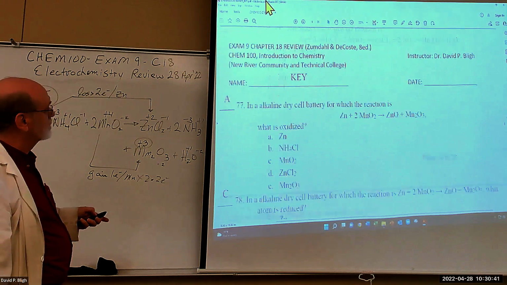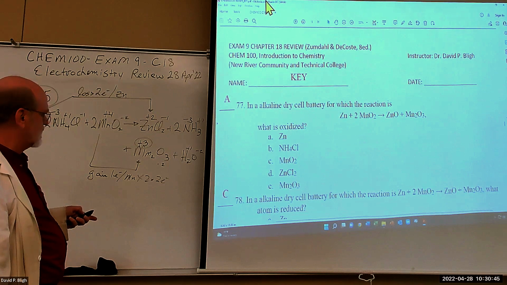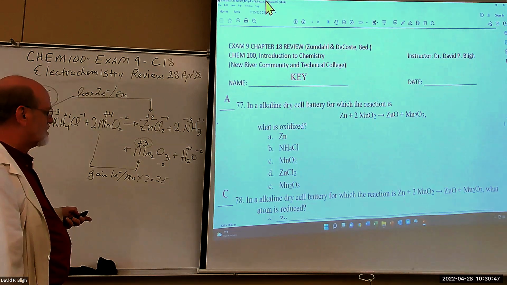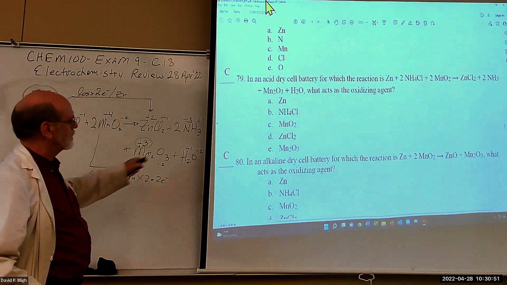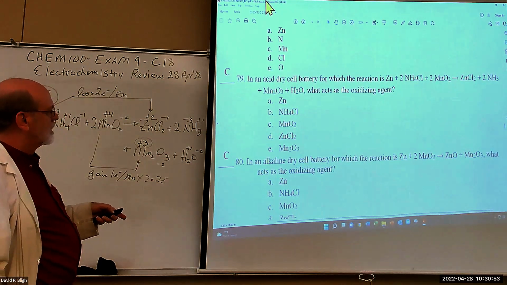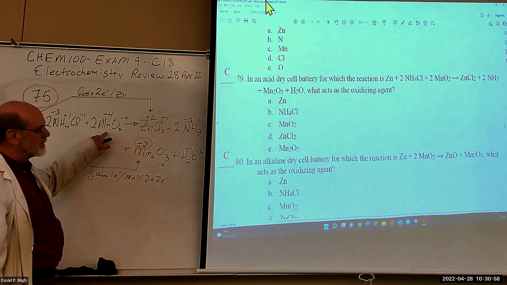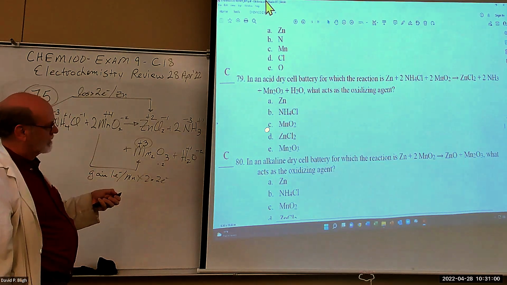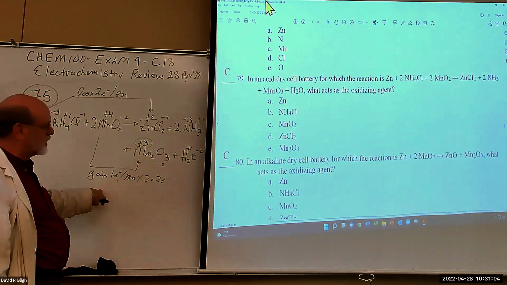And do we have another one based on that same? Oh, here we go. There's another one. What's acting as the oxidizing agent, the one that's reduced? MnO2. That's the oxidizing agent because it's being reduced.